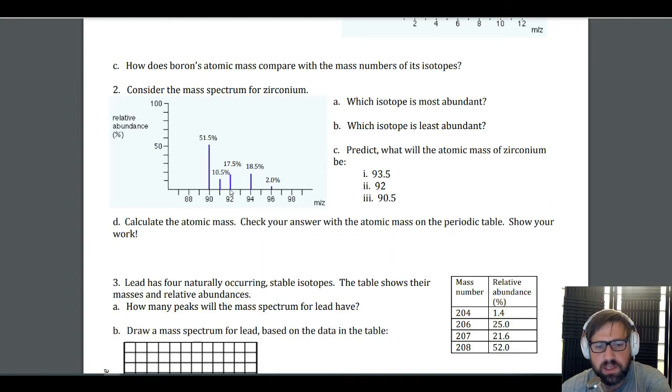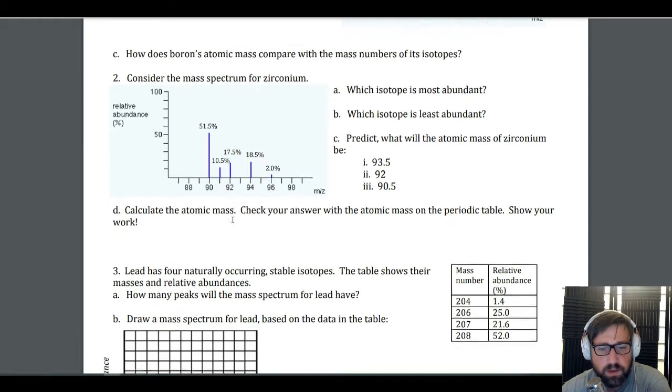Yeah, this actually looks a little bit more decent. And then here, 90.5. I'm going to say 90.5. It might actually be 92. I'm thinking 92, because this 2% is very, very heavy. I'm thinking 92. Let's find out.